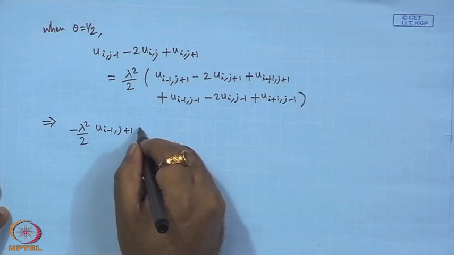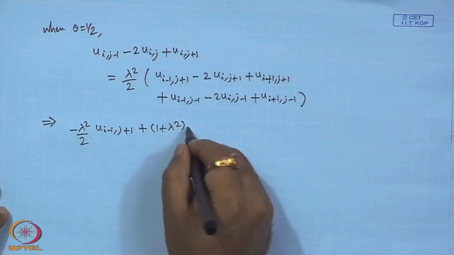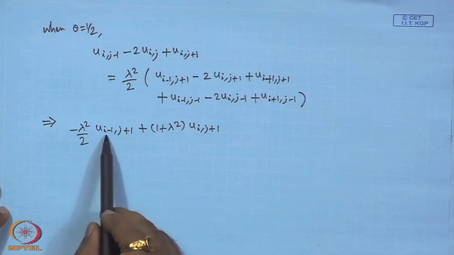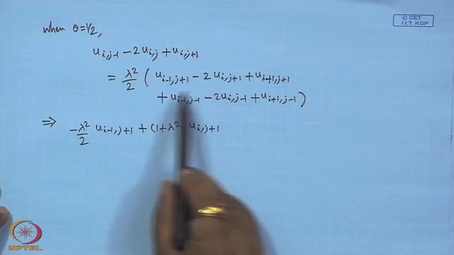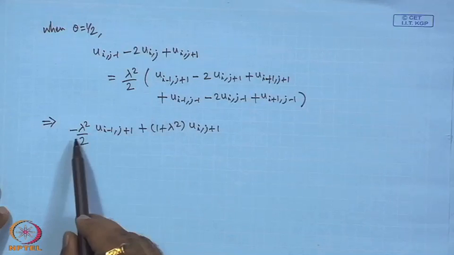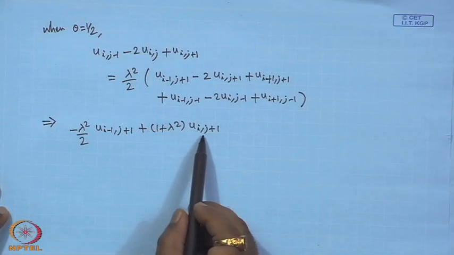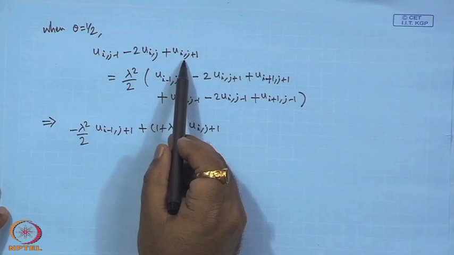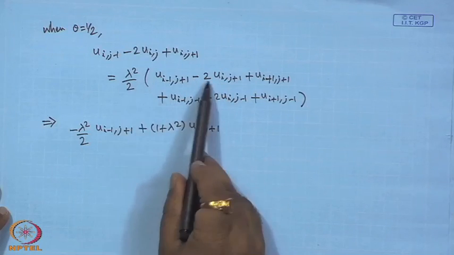So, all higher time level to the left and lower to the right. So, we are just collecting, for example, u I minus 1 j plus 1, the coefficient is lambda square by 2 and no other place it appears. So, therefore, when it is left we have minus. Then u I j plus 1, we have 1 u I j plus 1 here, and we have minus lambda square.